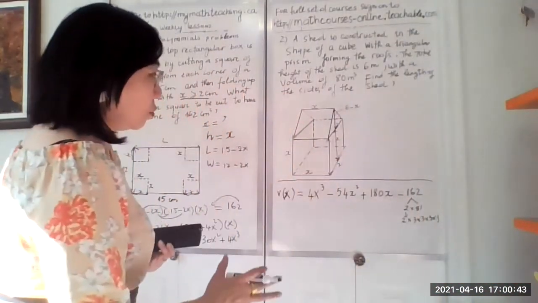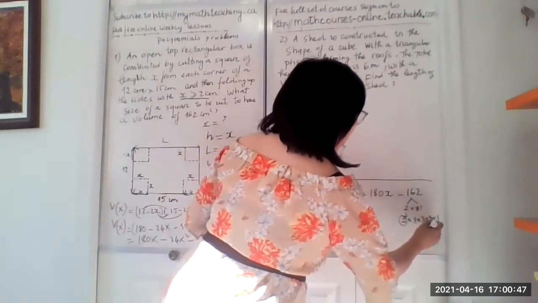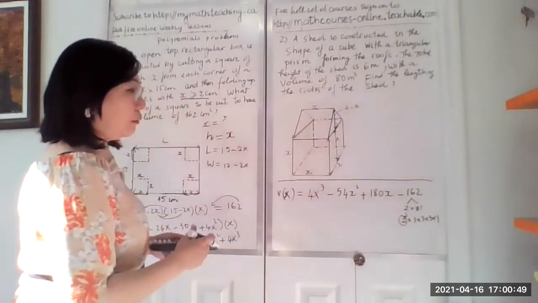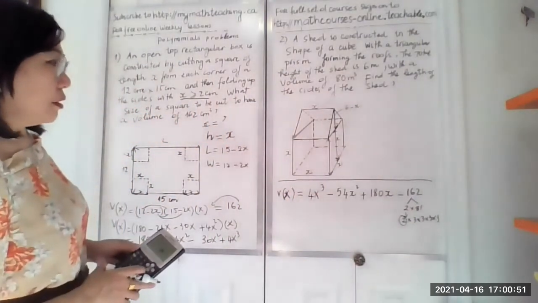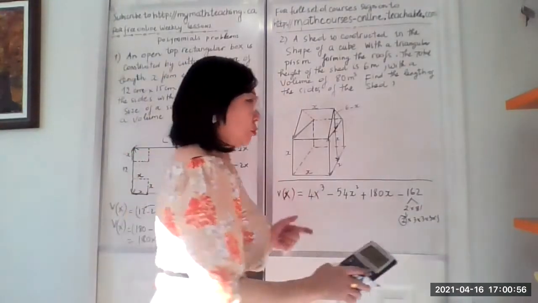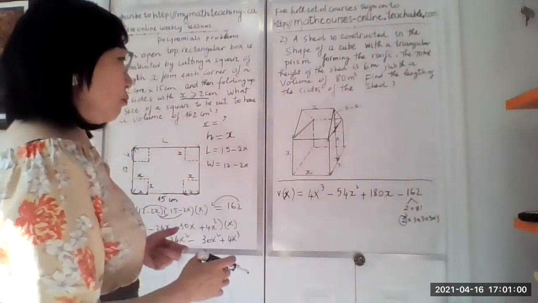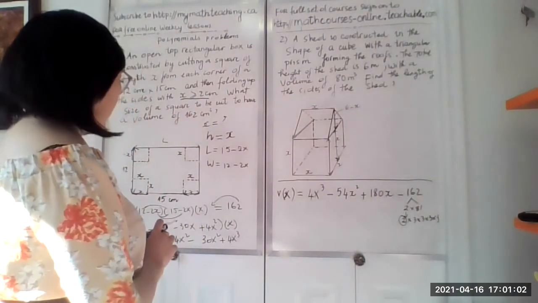So you can try to use the factor 2 first, substitute in this equation and figure out whether this polynomial is divisible by the factor 2 or the factor 3. So that is how you do it when you do synthetic division.